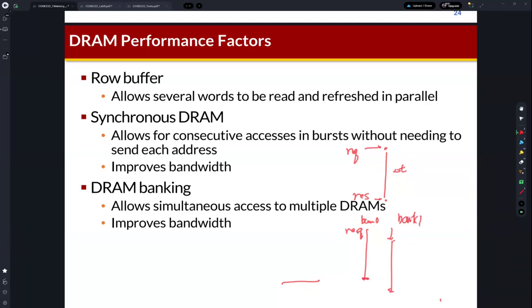Because bank 0 will respond at this time, this is the idle time. So during the idle time, we can give another request to different banks, to bank 2, and then bank 3.